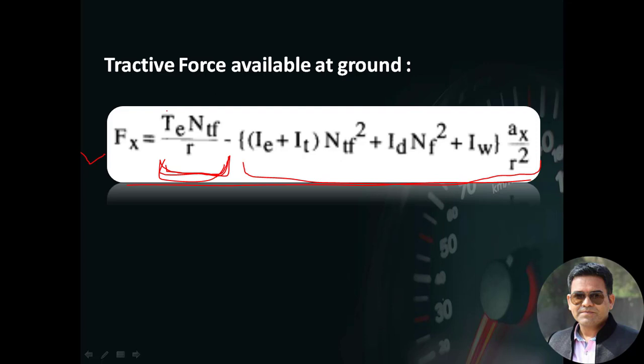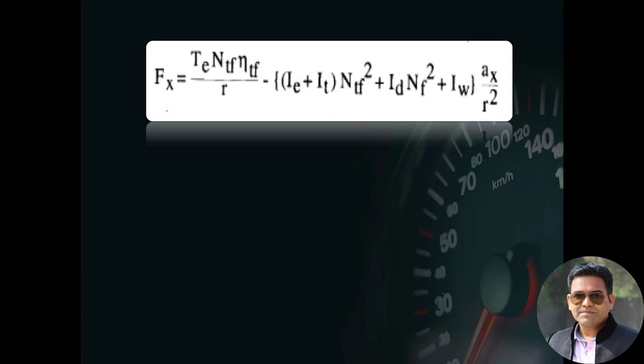Now in this equation, by considering the 80 to 90% efficiency of the transmission case and the final drive case, we can again add the efficiency term, and this equation is now transformed and becomes the final equation for the tractive force.